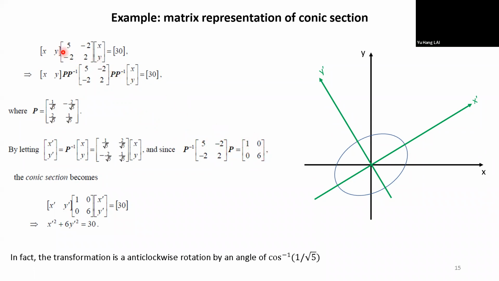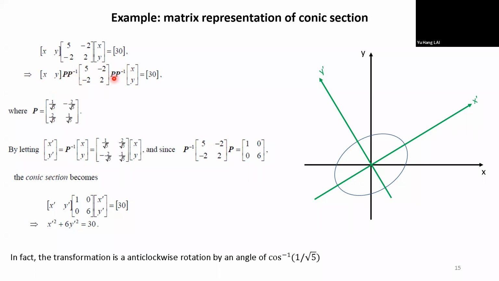So the next step, I'm going to write the equation like this. You can see that what I do over here is that I put a P inverse here. What is P inverse times P? It's just an identity matrix. So I'm allowed to insert an identity matrix here because it changes nothing.